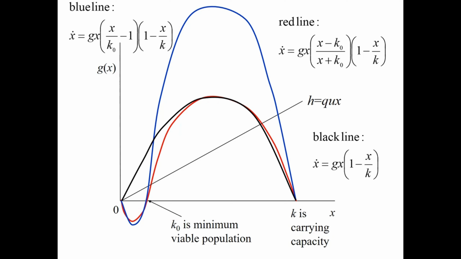All right, the blue line, and again, notice that this critical depensation refers to the fact that you've got a minimum viable population. Then we find that this blue line goes up very quickly and then comes down, as opposed to this other critical depensation model, given by the red line, all right, that has a different functional form altogether.